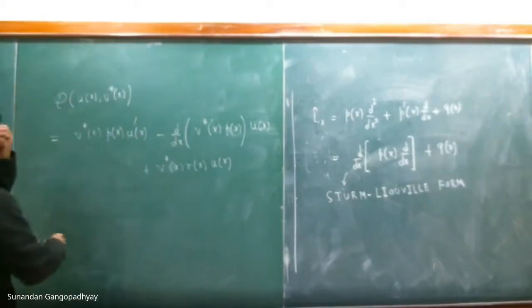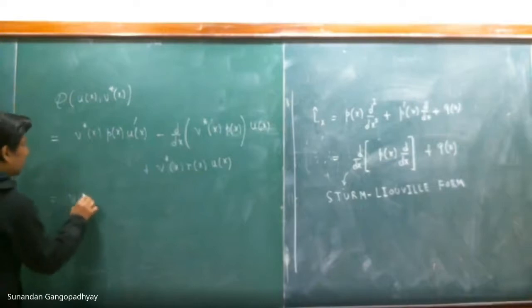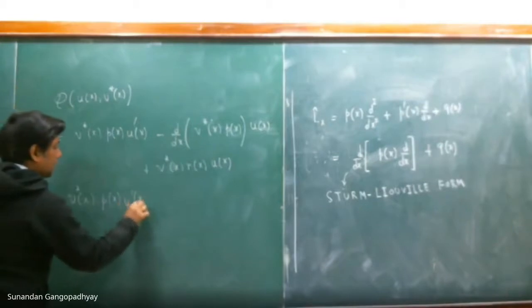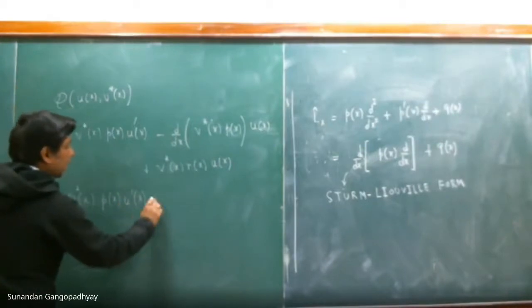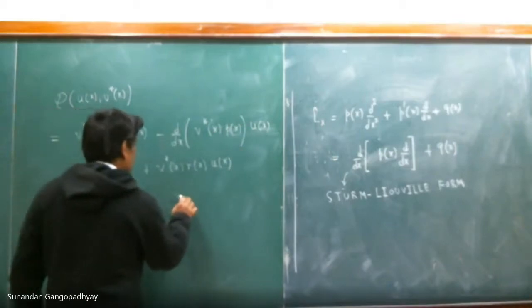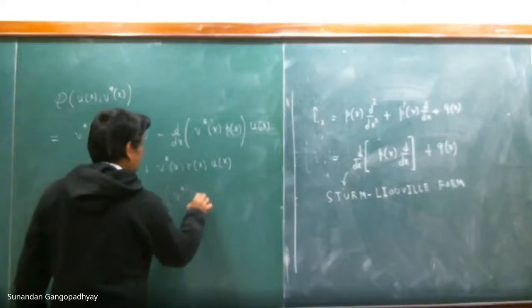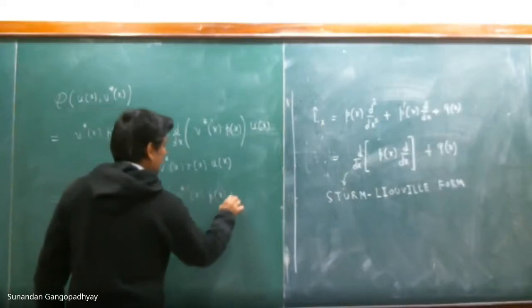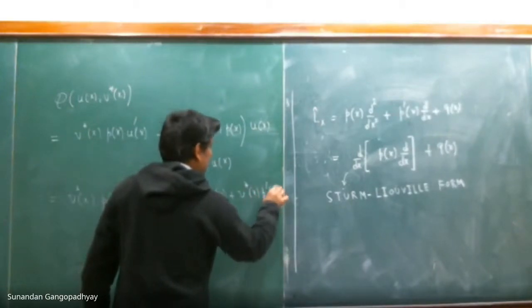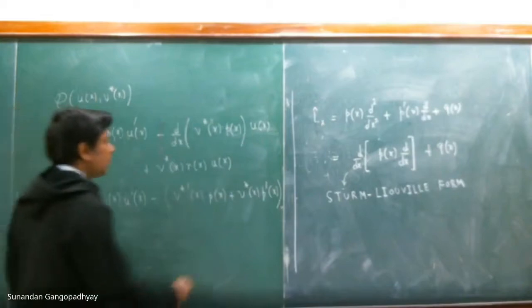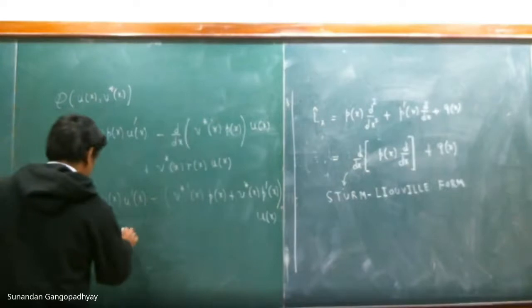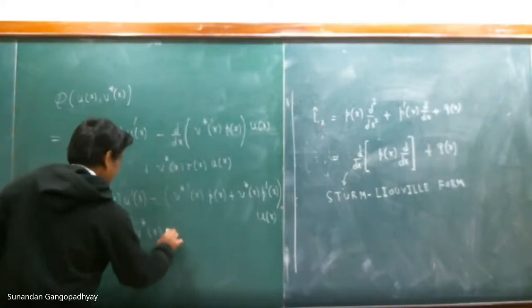So this is equal to V star of x, P of x, U prime of x, minus, let us expand this term, differentiate the terms here. This will give us V star prime of x, P of x, plus V star of x, P prime of x, times U of x, plus V star x, R of x, U of x.